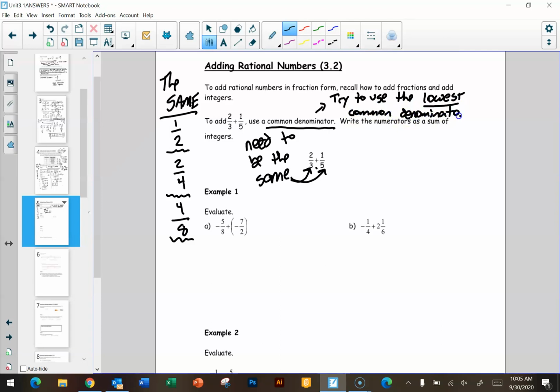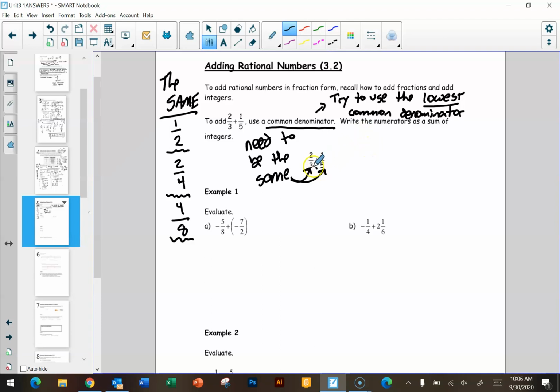If I'm able to use 1 over 2 for the math question, I would rather use 1 over 2 than 4 over 8. Smaller numbers just means fewer mistakes. But in this case, let's just multiply the denominators and see what we get.